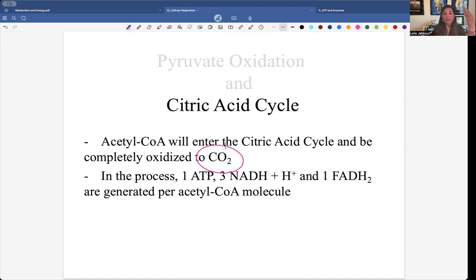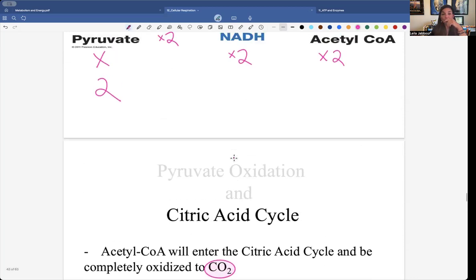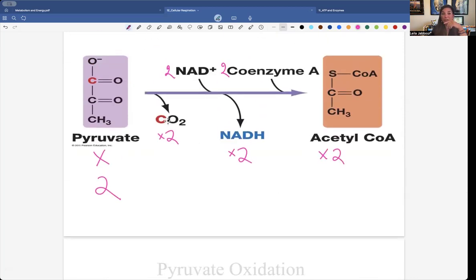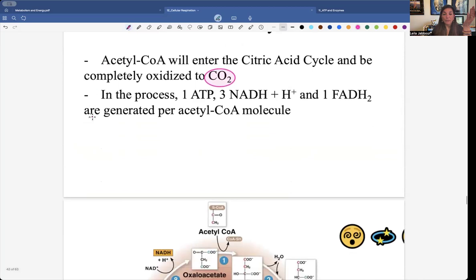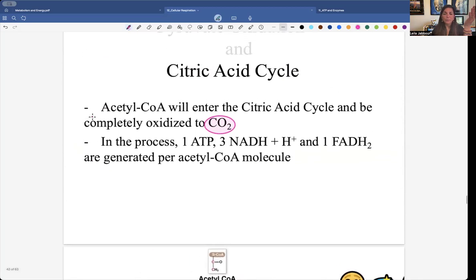Because remember, every single one of these carbons will eventually be carbon dioxide. So even though we made a couple here, it's not enough. We got rid of this one during pyruvate oxidation, but we still have these 2 that we need to also turn into carbon dioxide.